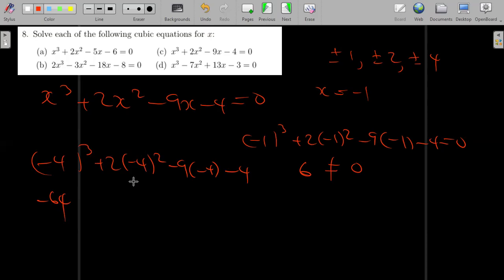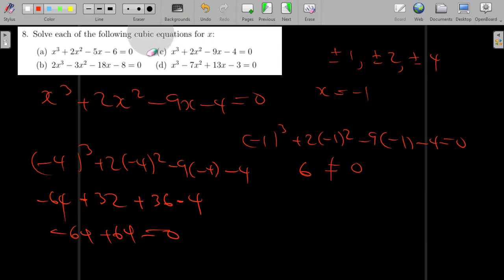Then this is 16 times 2, that's 32. Then that gives me positive 36. Then I have a minus 4. And this is just going to give me -68 plus 68, which is going to give me 0. So this shows me that -4 is a root.